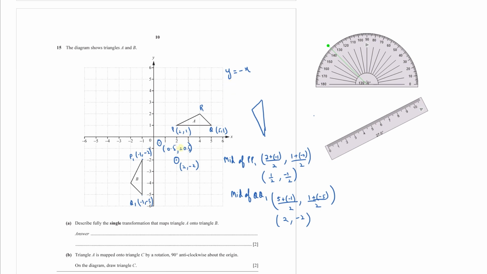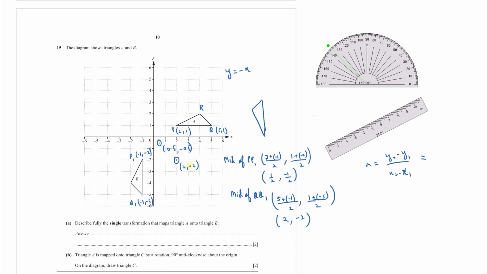If it's not clear from these 2 points, you can use the formal method to calculate the equation of this line. So let's do that as well. The gradient is y2 minus y1 over x2 minus x1.